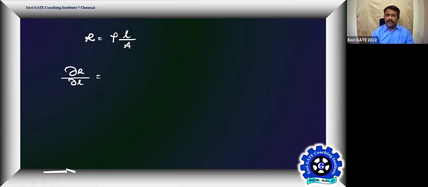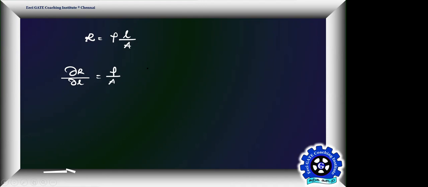Rho and L are independent, rho and A are independent, there is no connection between them. So it's a differentiation only, but we call it partial differentiation. Differentiate R with respect to L. Rho and A will become constants. Rho by A will be the resultant. Getting it clear?